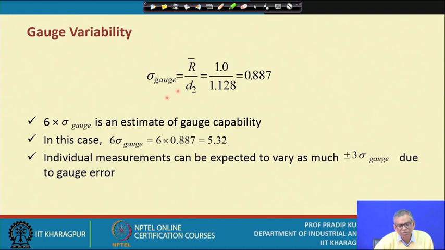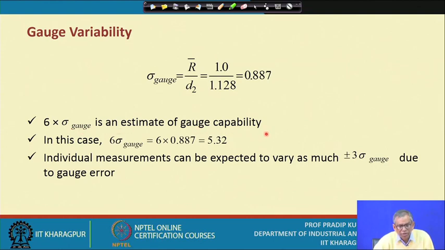Already you have computed sigma gauge, and this is 6 times. What we are assuming is 3 sigma on one side, that is UNTL, and on the other side minus 3 sigma from the process mean, that is LNTL, the lower natural tolerance limit. So 6 into sigma gauge is an estimate of the gauge capability.